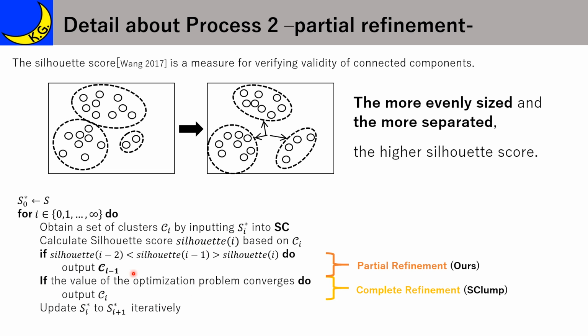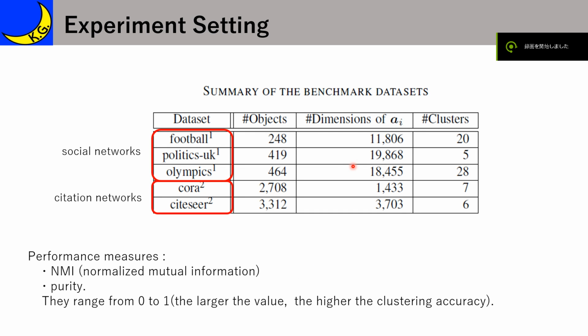Thus, this if statement is a convergence criterion for the existing refinement, and this if statement is a stopping criterion for our new partial refinement. We output the set of clusters when either of the two criteria is satisfied, and we achieve the clustering of the AN. Now, I'd like to explain the experimental setting.